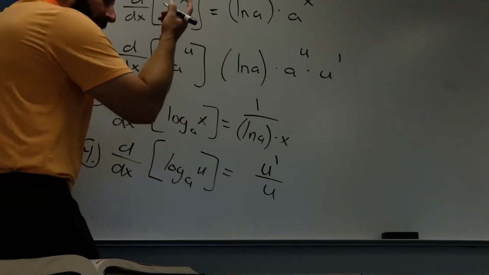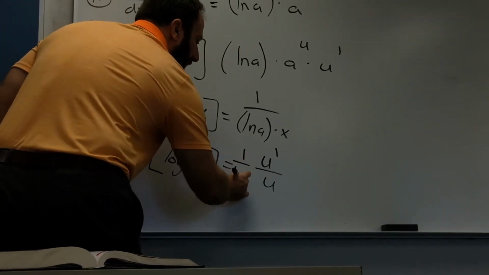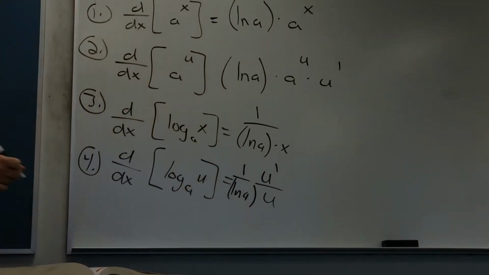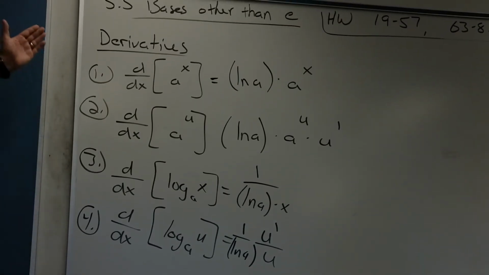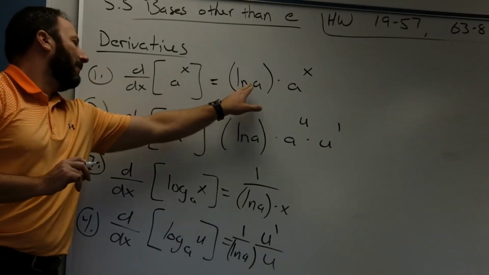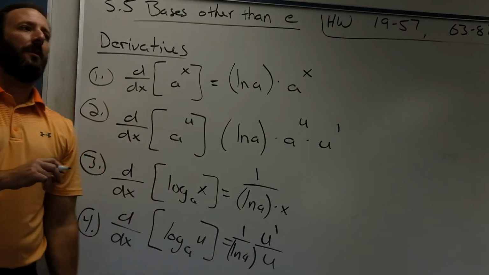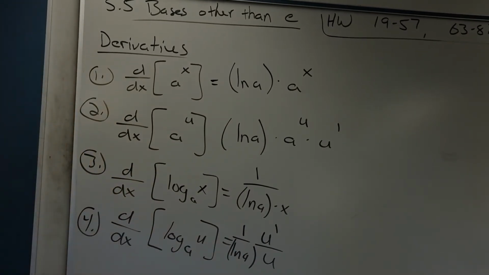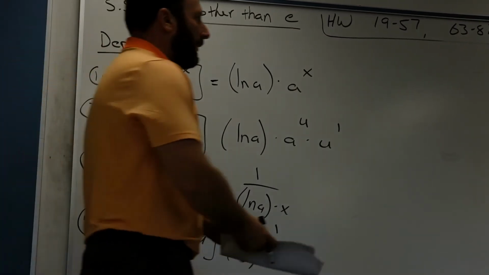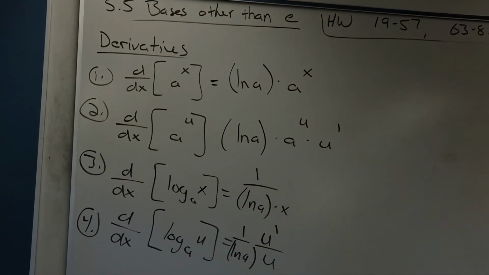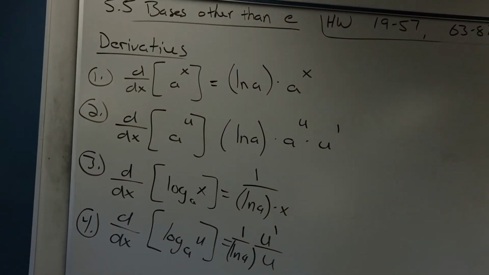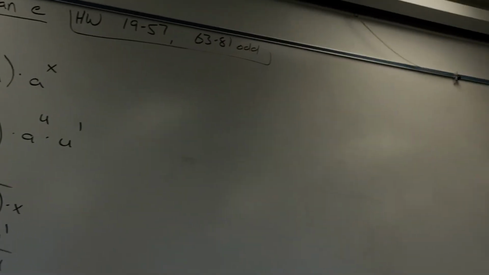The only thing that's different is we're going to have a 1 over ln a in front. So these are basically the exact same formulas we've seen, except that there's an ln of a in front of all these. That's it. This is going to be a little bit more general, as opposed to just dealing with base e.